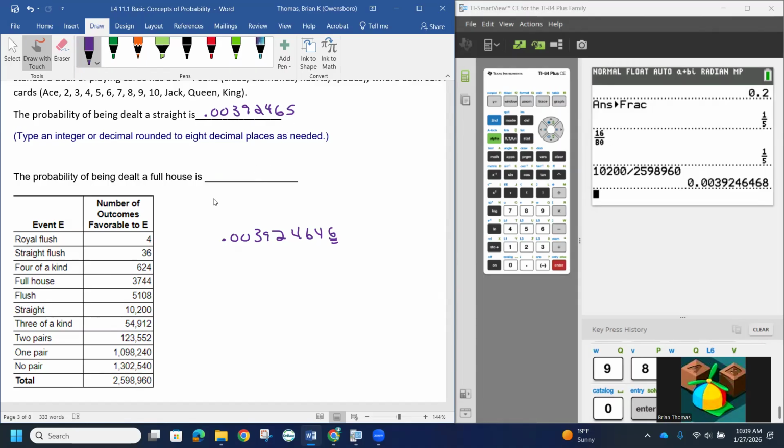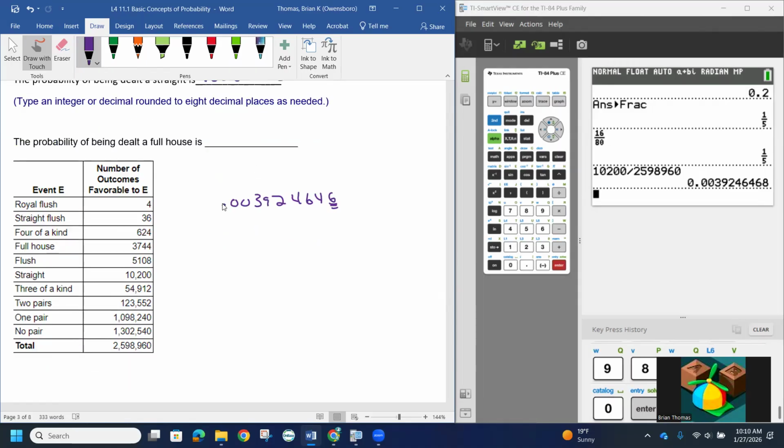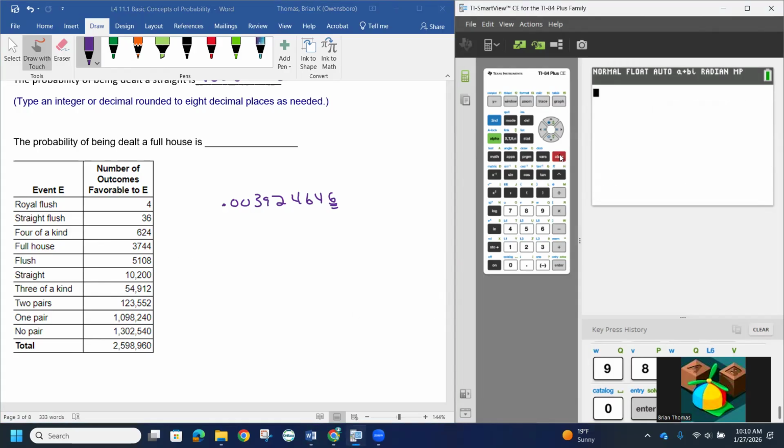The next probability is being dealt a full house. So a full house has a less likelihood. Remember, that's going to be a better hand because it's less likely to happen. So notice how this time the favorable outcomes is going to be this 3,744. Let me clear this off here.